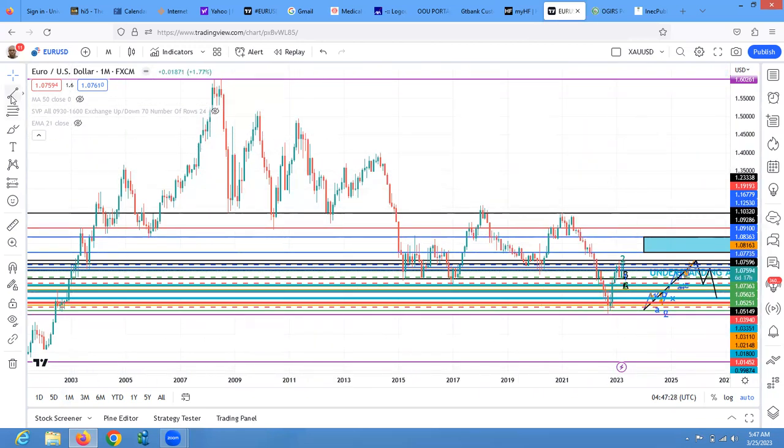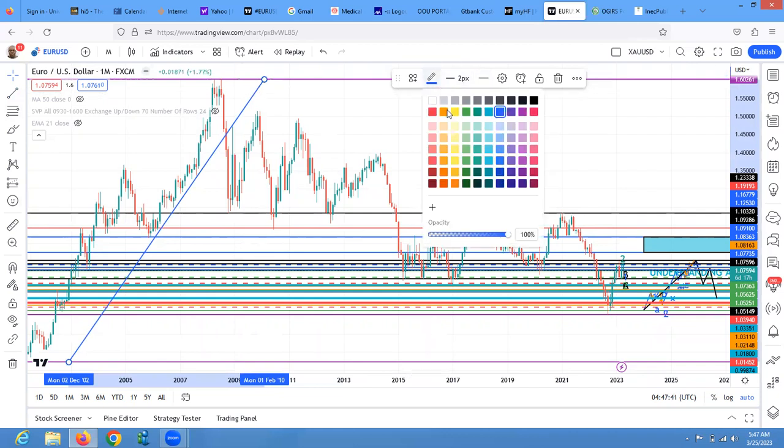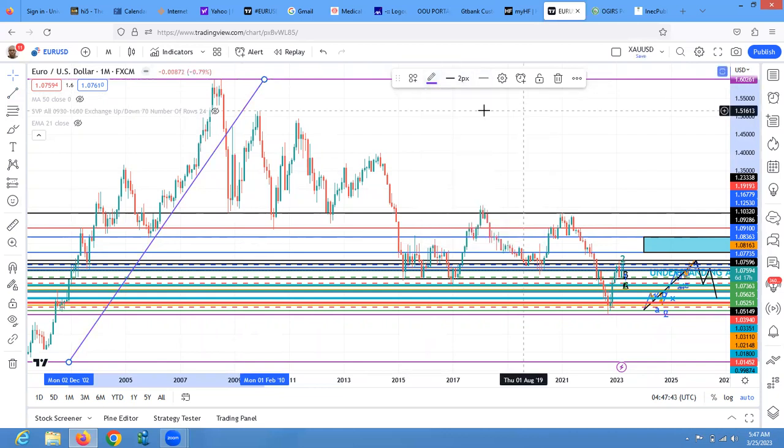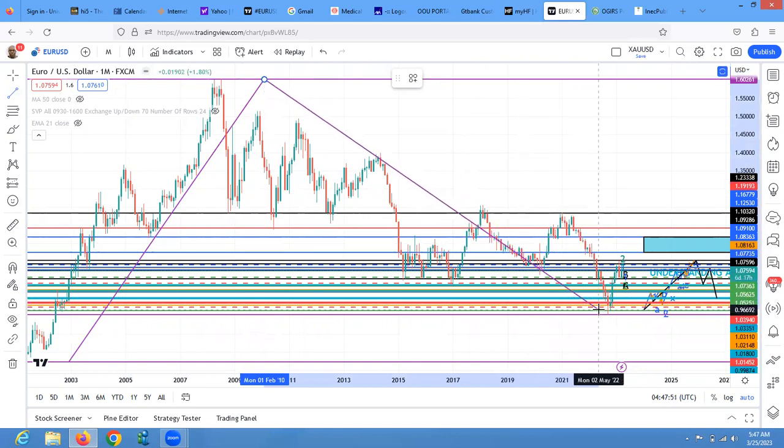So what am I saying? What I'm saying is this: from here to here is the impulse in purple, and from that top down is the correction in purple.